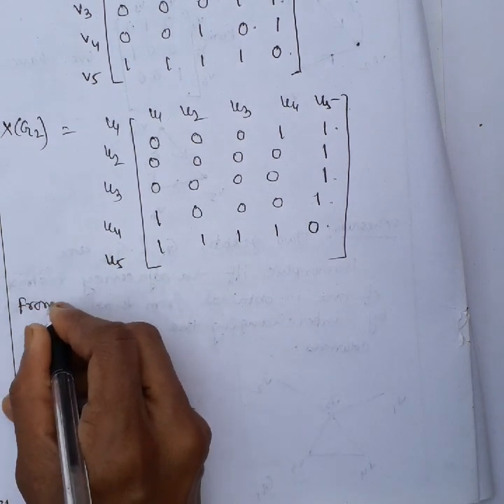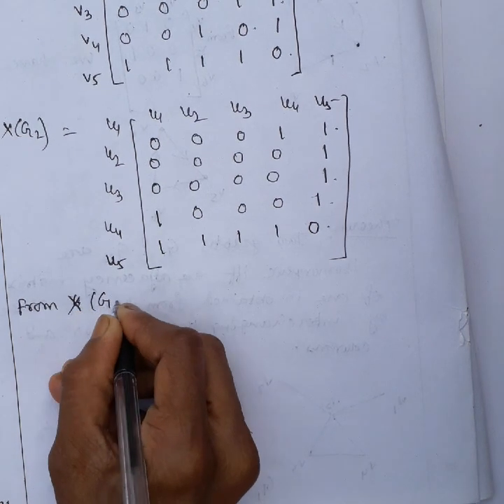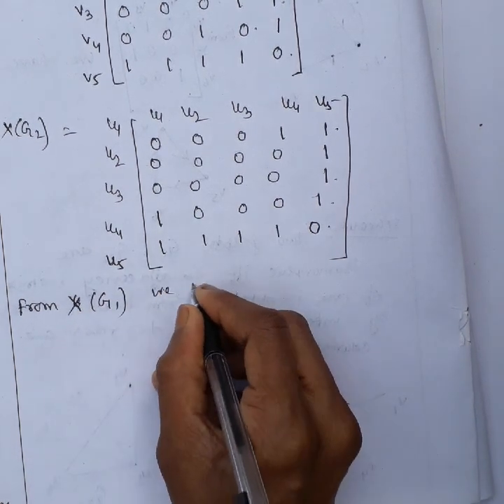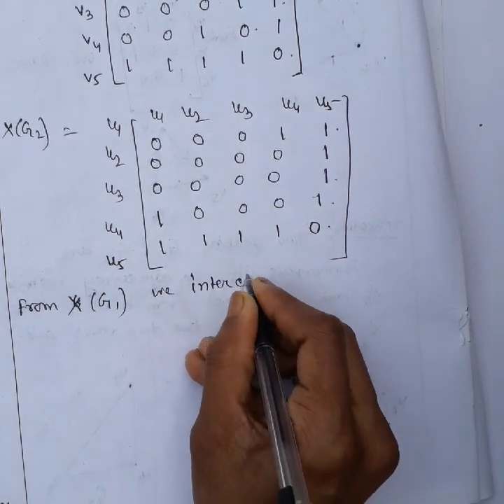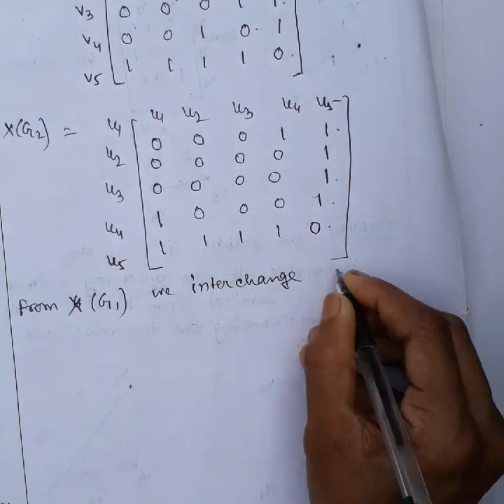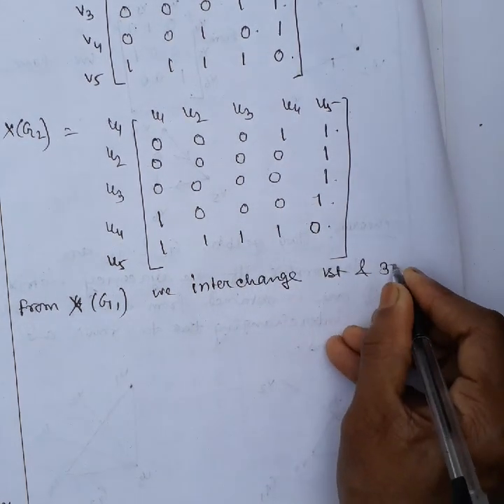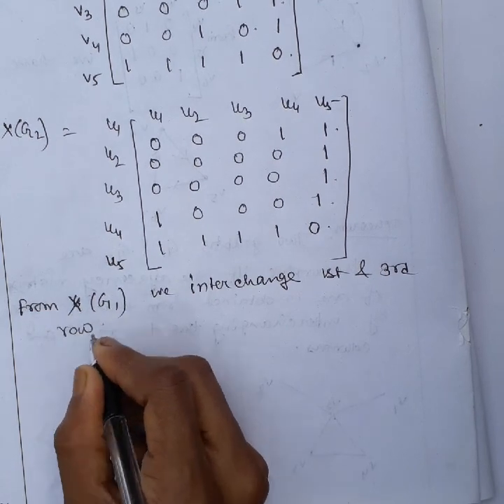From XG1 we interchange the first and third row.